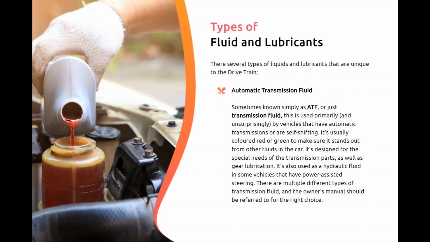It's usually colored red or green to make sure it stands out from other fluids in the car. It's designed for the special needs of the transmission parts, as well as gear lubrication. It's also used as a hydraulic fluid in some vehicles that have power-assisted steering. There are multiple different types of transmission fluid, and the owner's manual should be referred to for the right choice.